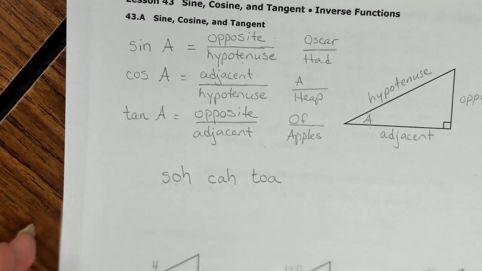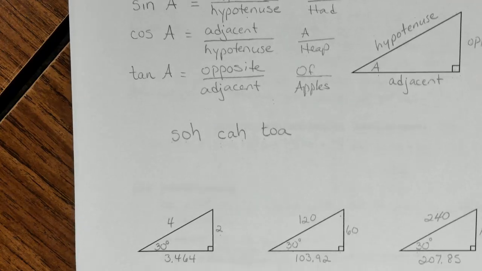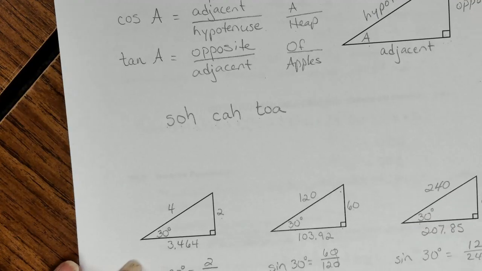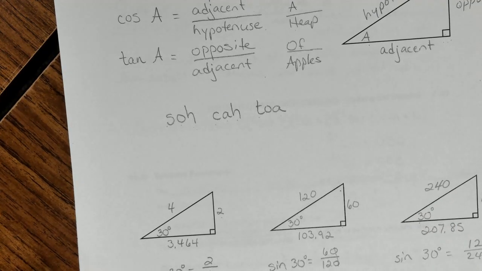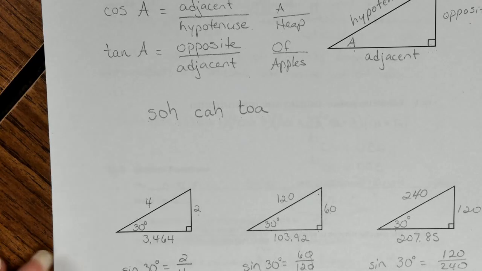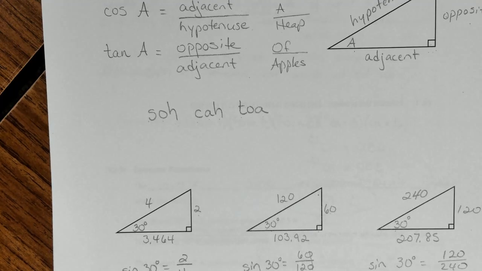When you're using a calculator, you do want to make sure your calculator is in degree mode. There's actually another way of measuring angles we're not getting into right now. Since we're working with degrees, you need to make sure your triangle is in degrees. It usually will be, but I'll show you about making sure about that.